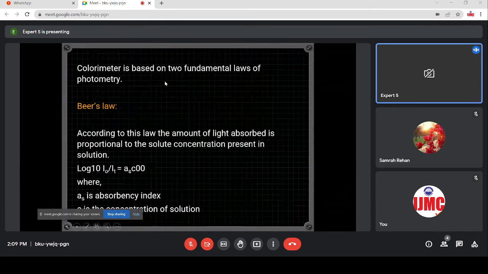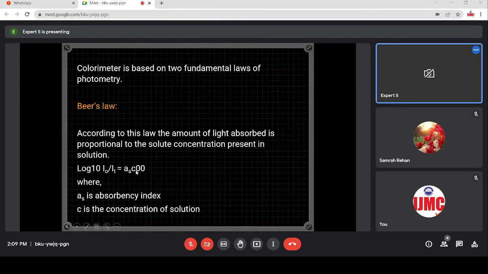Colorimeter is based on two fundamental laws, Beer's law and Lambert's law. According to Beer's law, the amount of light absorbed is proportional to the solute concentration present in the solution. Log10 IO upon IT equals AS dot C, where AS is the absorbency index and C is the concentration of the solution.